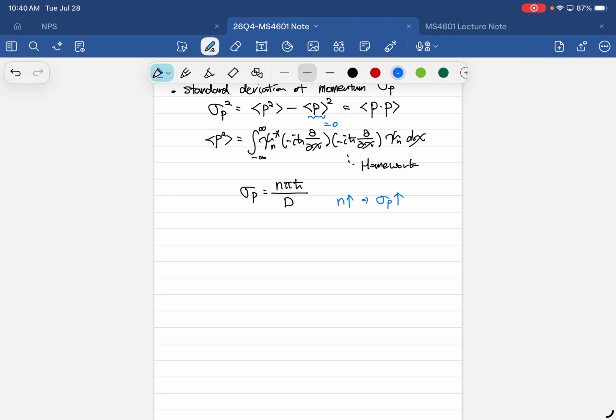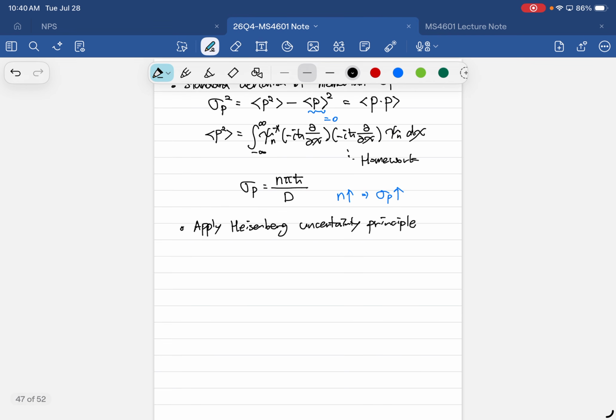And now we are going to apply the Heisenberg uncertainty principle. As we stated before, the standard deviation of position multiplied by the standard deviation of momentum must be equal to or larger than h bar over 2.